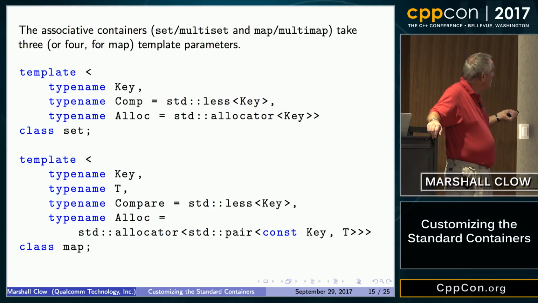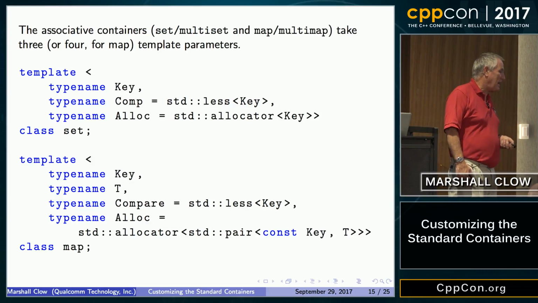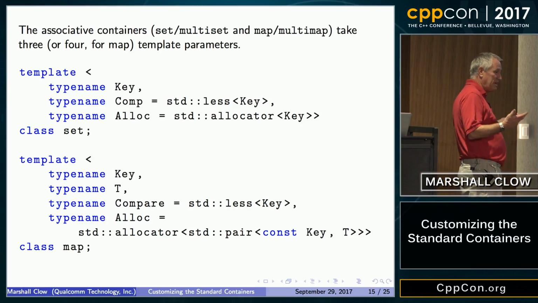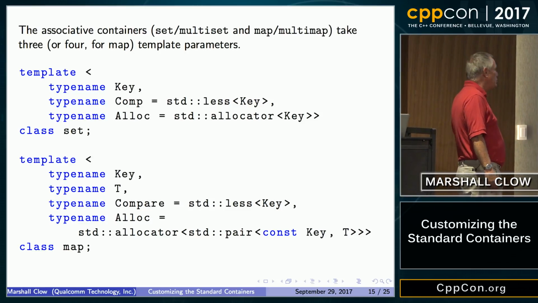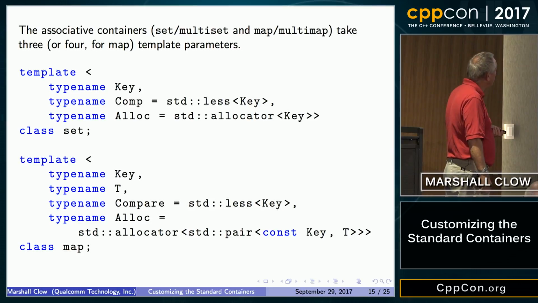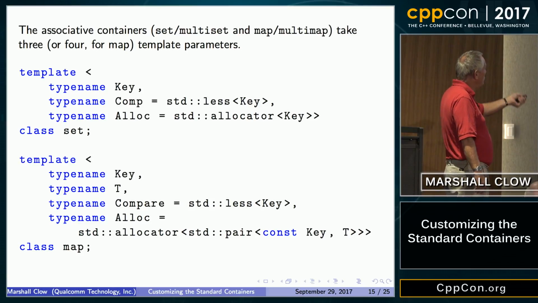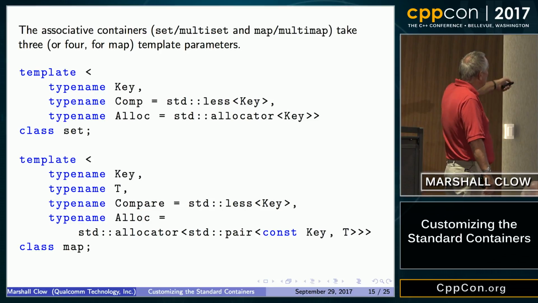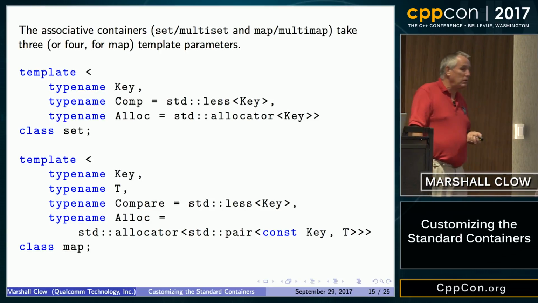But if you have to actually name this, well, lambdas have an unpronounceable name. The only way to get it is through decltype. And so you would have to actually take your lambda and put it in a variable and say decltype of that variable. Now, if template argument deduction comes to your rescue, if you don't have a custom allocator that you have to specify or anything like that, then that will help you a lot.